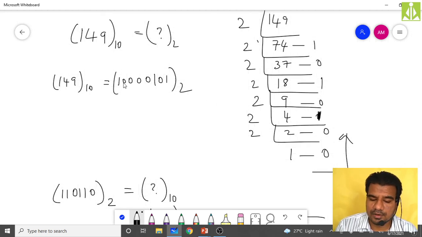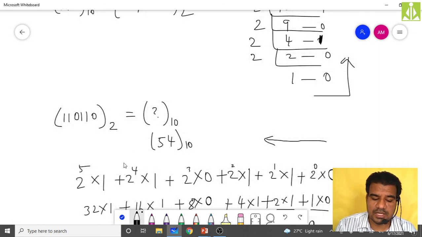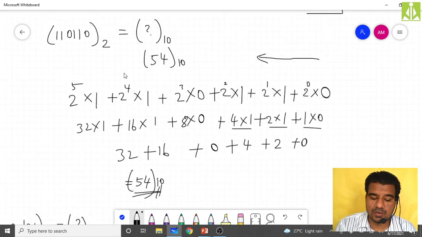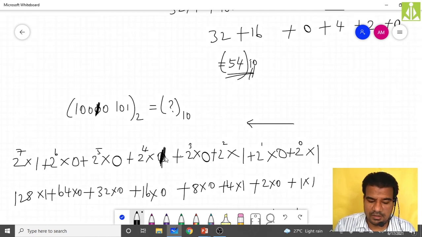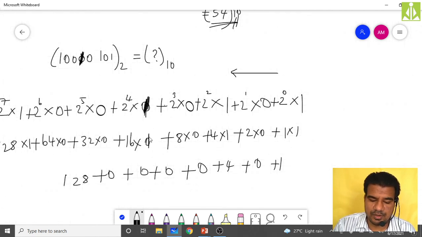Here, 10010101. Here this should be 1. So when you convert the same here, in this way you can do the cross checking. So over here, after the 00, this should be 1, and here also this should be 1.